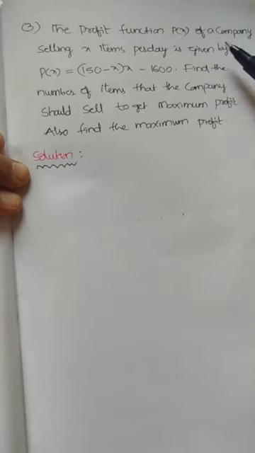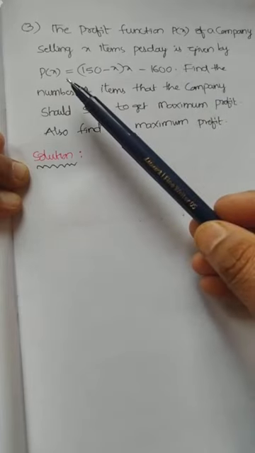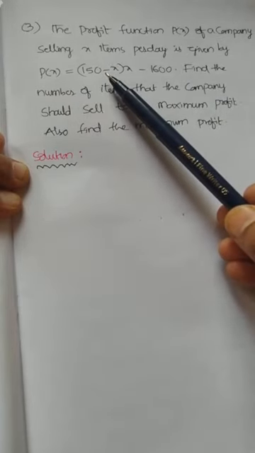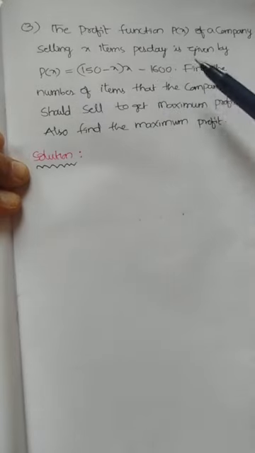the profit function P of x of a company selling x items per day is given by P of x is equal to (150 minus x) into x minus 1600. This is the profit function in x.